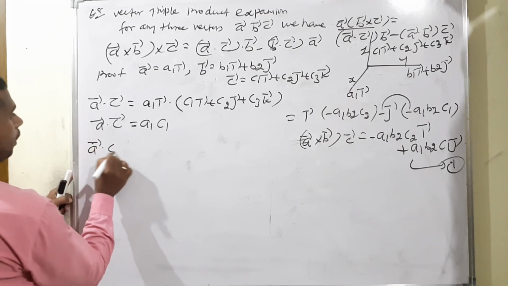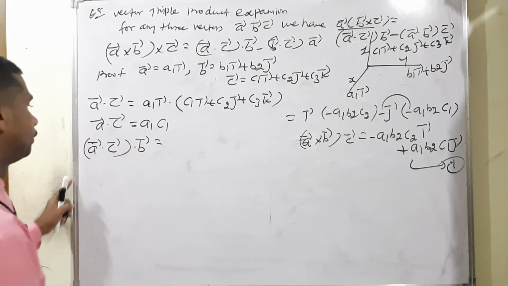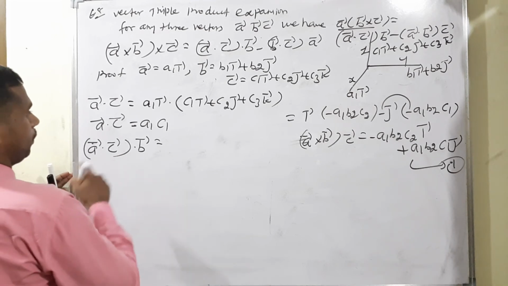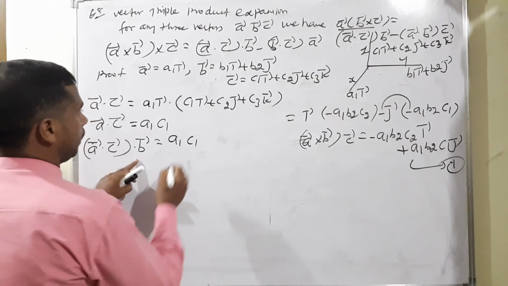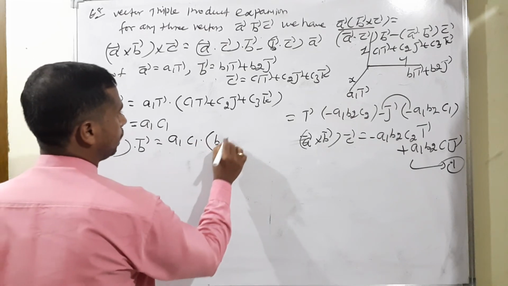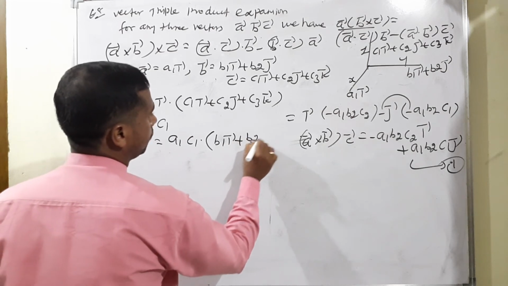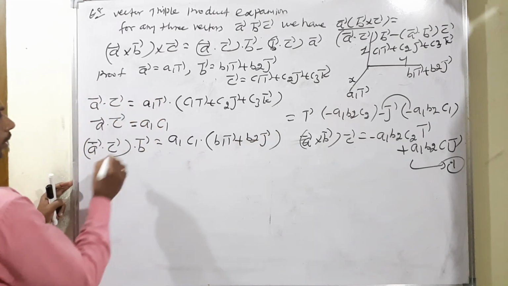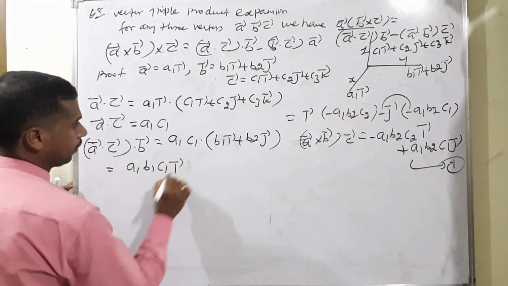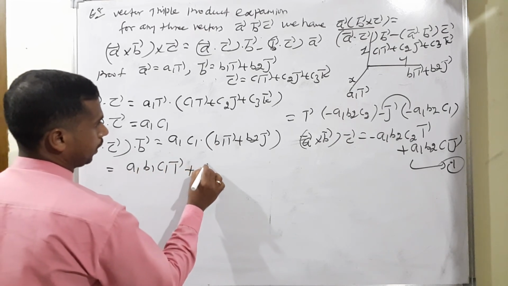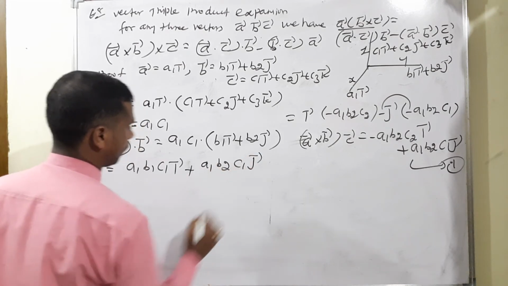Next condition, outside there is dot b, isn't it? Therefore, A vector dot C vector dot B vector is equal to A1 C1, then dot B vector, meaning B1 I vector plus B2 j vector. Now multiply: A1 B1 C1 I vector plus A1 B2 C1 j vector.